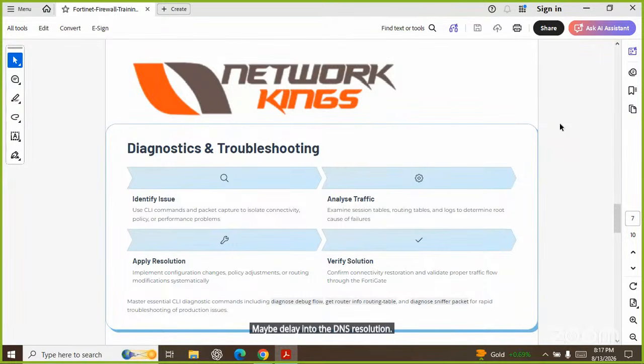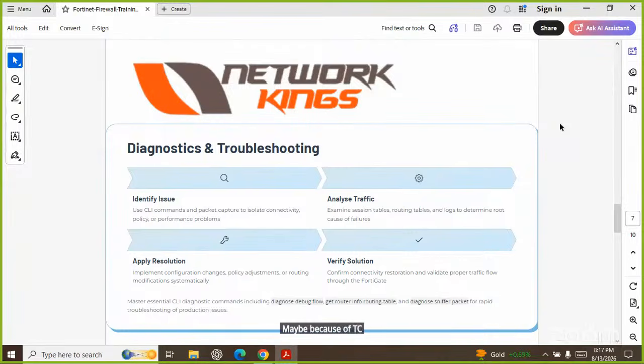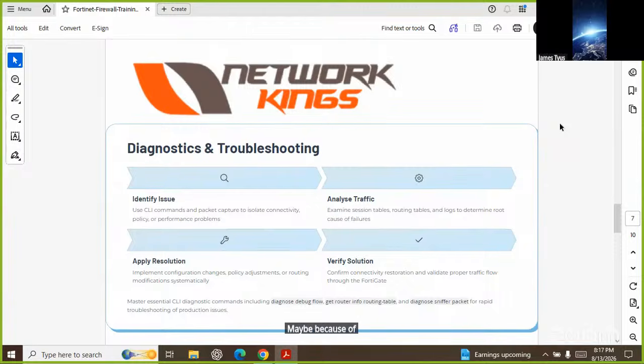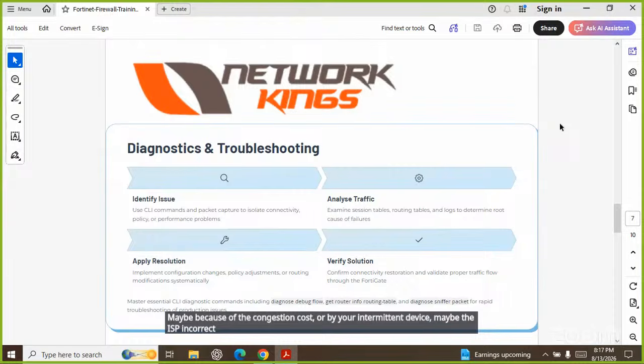Maybe a delay in the initial response trip time. Maybe TCP out of order packets. Maybe fast retransmission, right? Maybe congestion caused by an intermediate device. Maybe the ISP's incorrect path, right?